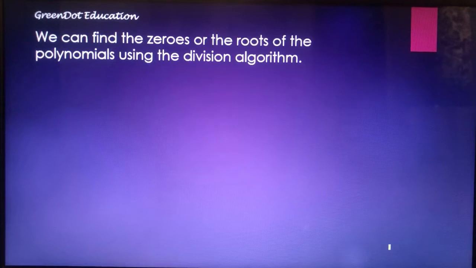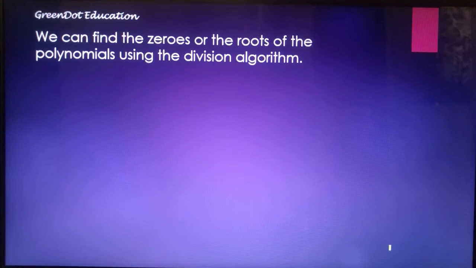We can find out the zeros using the relationship of coefficients and also their sum and product. In the same way, when we want to find out the zeros of polynomials with higher degrees, we can use this division algorithm. How we can use it?